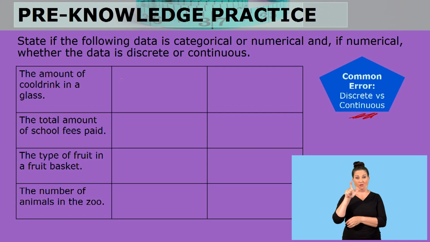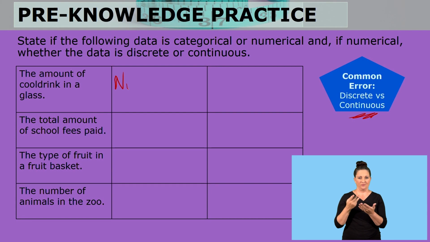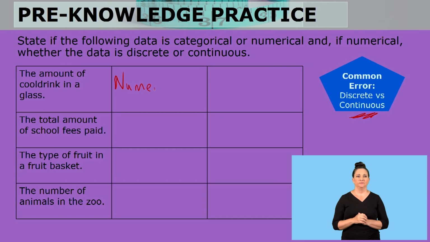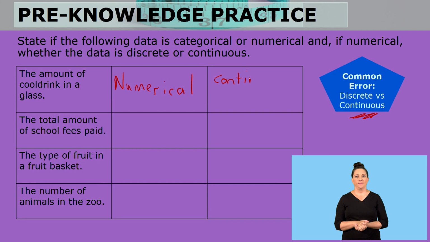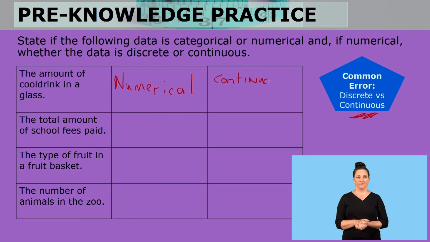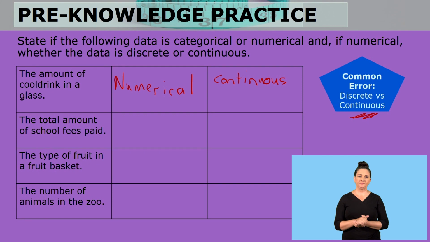The first thing I'll write down is numerical. Then we can decide whether it's discrete or continuous. In this case, definitely continuous, because it can be measured. Continuous.